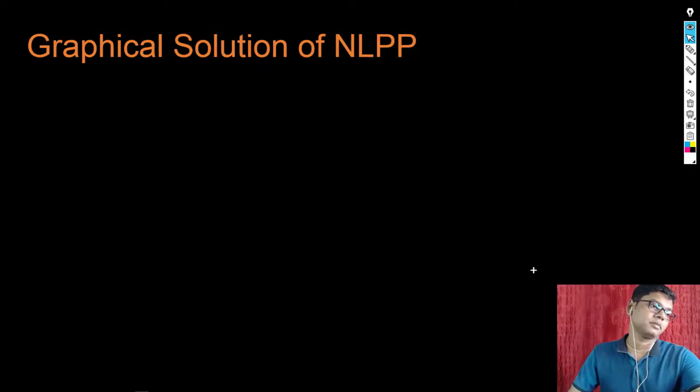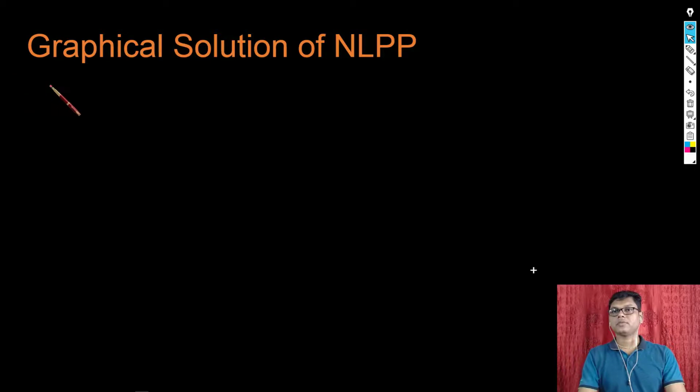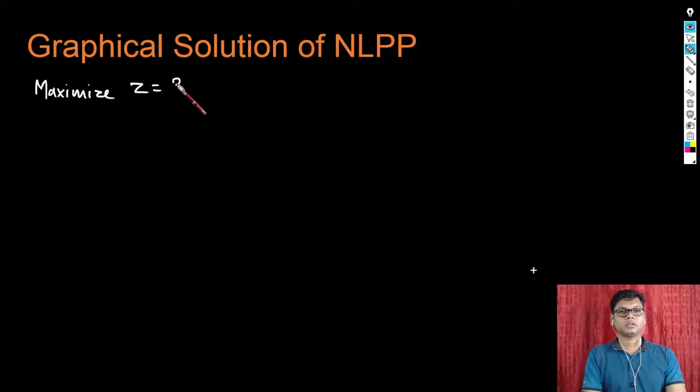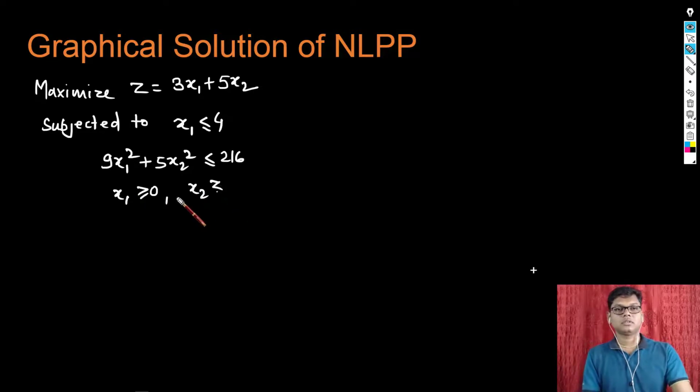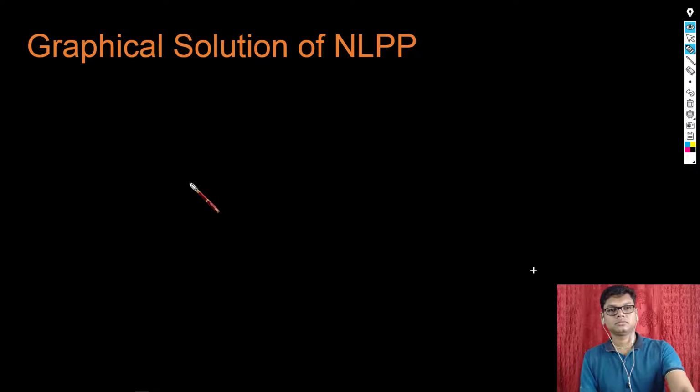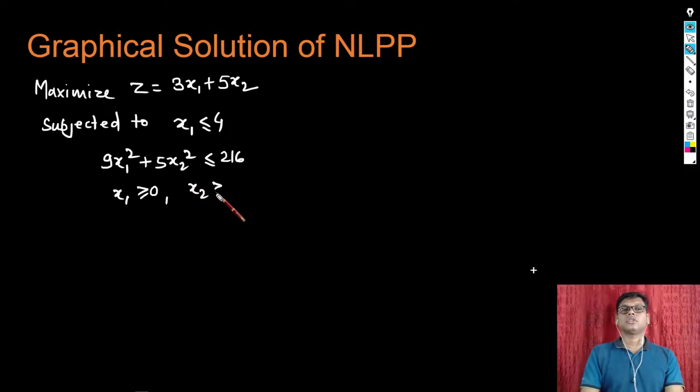That same example we will take, which we have seen in the last example, in which we have given one non-linear programming problem, that is maximize z is equal to 3x1 plus 5x2, subjected to x1 less than 4, 9x1 square plus 5x2 square less than 216, x1 greater than 0 and x2 greater than 0. Now solve this problem.